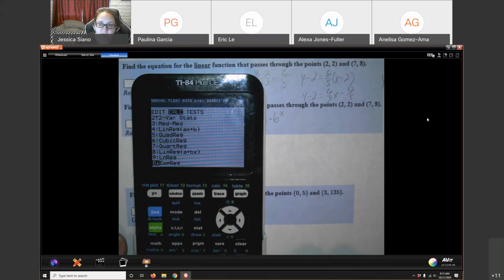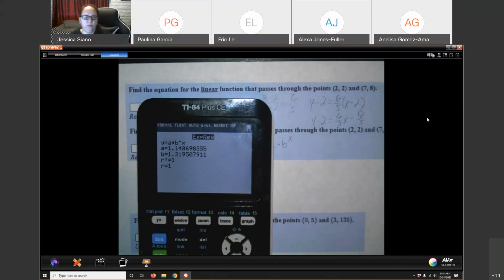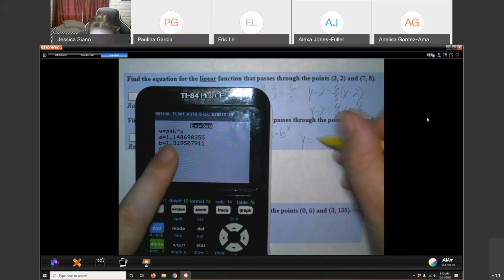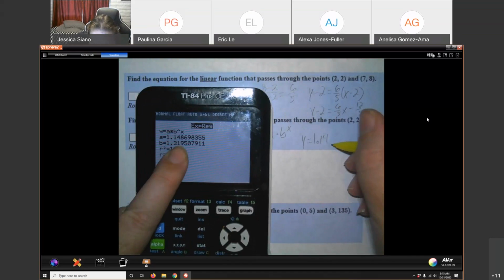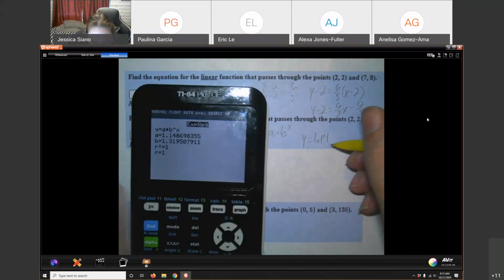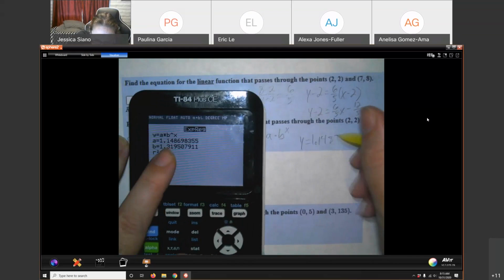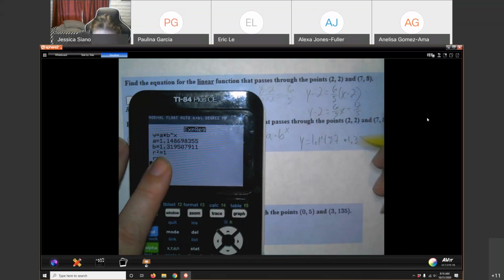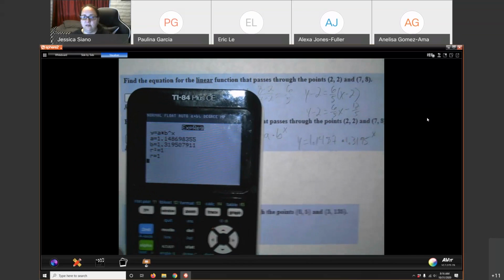You have to scroll down one to find it. So my exponential regression here would be 1.1487 times 1.3195 to the x.